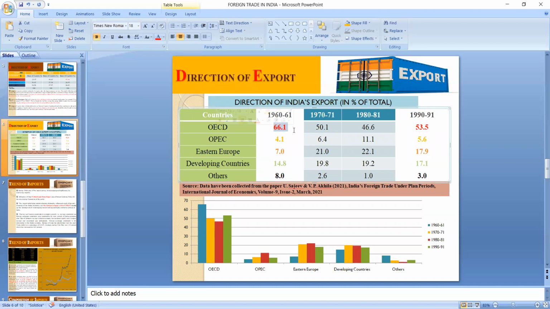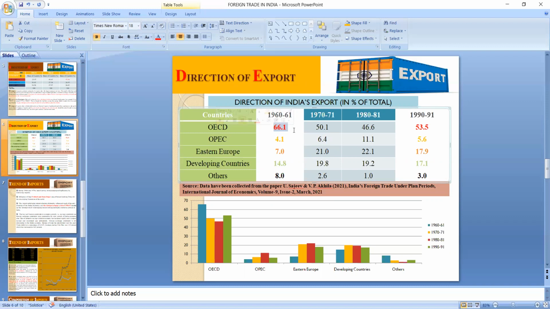So what is the full form of OECD? OECD is the Organisation for Economic Co-operation and Development, and it was formed in 1961. Right now there are 38 member countries under OECD. Some of the countries like USA, UK, Germany, Norway, Spain, France, Slovenia, etc. are included under the OECD group.